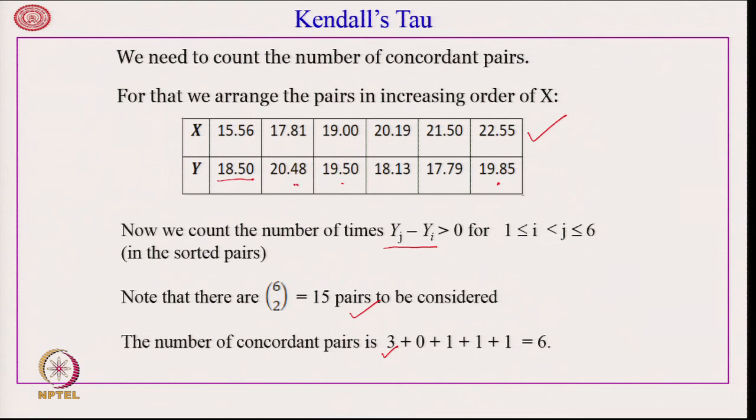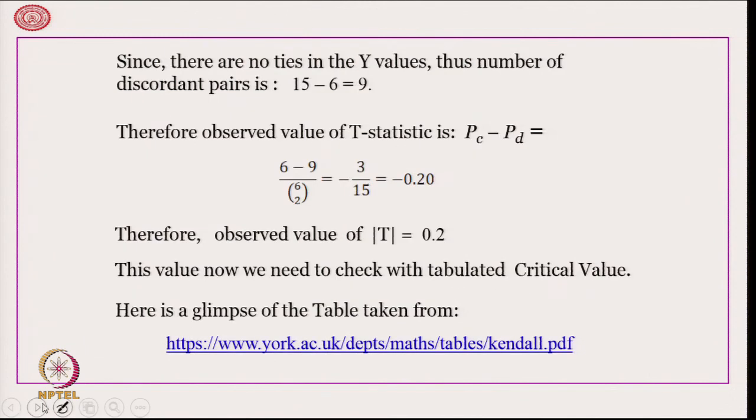For the second pair, the value of y is 20.48, but none of the other ones is greater than that. Therefore, we get 0. In a similar way, we get 1 for 18.13 and 1 for 17.79. So, the number of concordant pairs is 6. Since there are no ties in the y values, the number of discordant pairs is going to be 15 minus 6, that is 9.